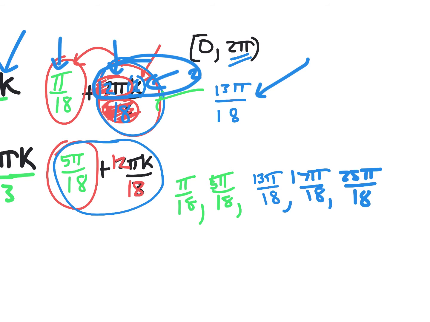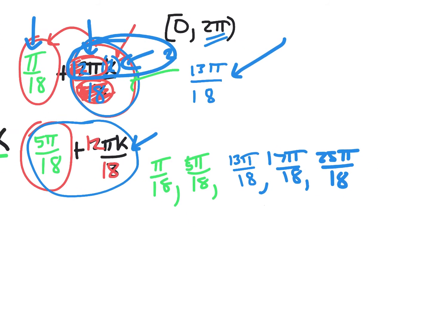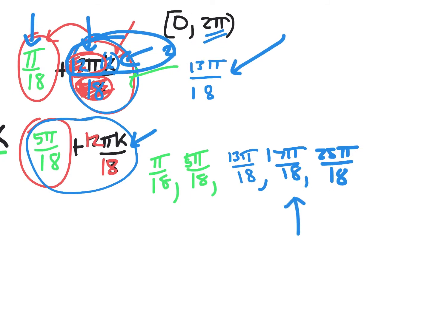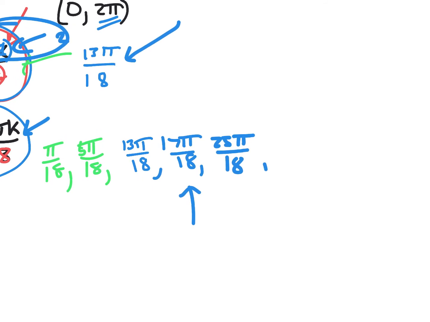I'm going to add another 12 pi over 18 and then I get 25 pi over 18. All right, and then the last one is add 12 pi over 18 again. And I had 17 pi over 18, add another 12 pi over 18, and that makes 29 pi over 18. And I believe I have got my 6 answers. Raise your hand if you had the same thing as I did. Awesome. Okay.